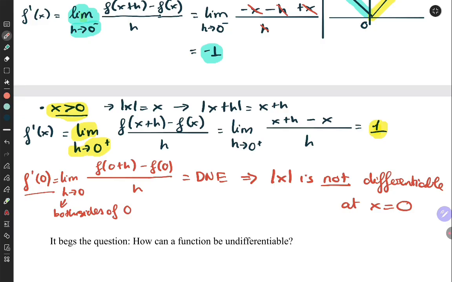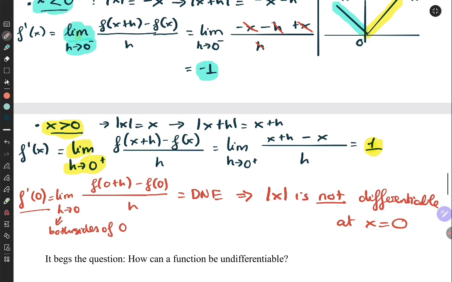In other words, when you draw it out, the moment you draw it out, you already notice that. Here's a hint how you can tell a function that is differentiable or not differentiable. That means you can take a derivative or not. First thing first, in order to be able to take a derivative, a function has to satisfy two conditions.